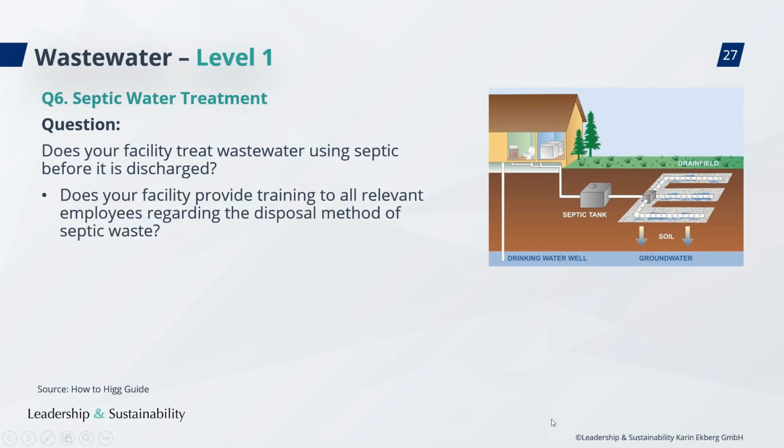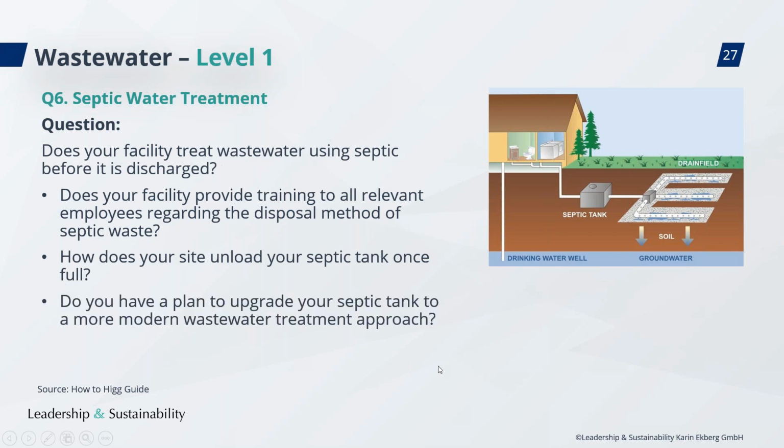And then, does your facility provide training to all relevant employees regarding the disposal method of the septic waste? And how does your site unload your septic tank once full? And then, do you have a plan to upgrade your septic tank to a more modern wastewater treatment approach?